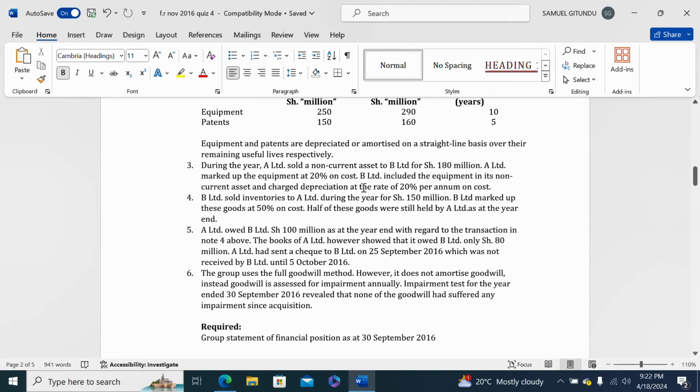And remember, if a group sells an asset to a member of the group, then there's no profit made, because you cannot make profit by selling to yourself. One of the principles of consolidation is that you eliminate the intercompany profits and transactions.